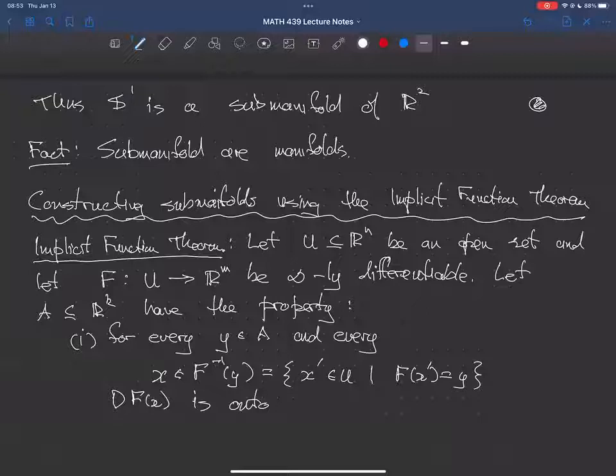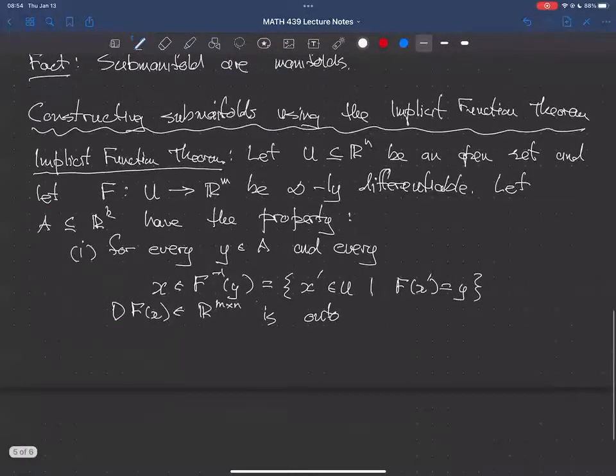You take F, calculate its Jacobian, and evaluate that at the point X. That's just some linear map, so it's going to be a matrix. What's the shape of that matrix? Well, F is a map from an open subset of Rn into Rm, so it's going to have m rows and n columns. That thing has to be onto, which means it should have full row rank, is another way to say that.